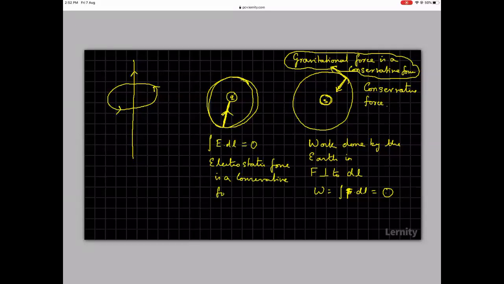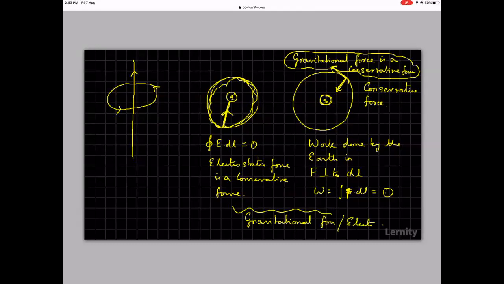So the definition of a conservative force: a force where the total work done in moving through a closed path is zero. It need not be a circle. You can do whatever you want, as long as it's a closed path, there won't be any work done. So the net work done will be equal to 0. You may put a circle on the integral saying that over a closed loop, E dot dl is equal to 0. And because E dot dl is equal to 0, electrostatic forces are also conservative forces. So we have two examples of conservative forces: gravitational force and electrostatic force.